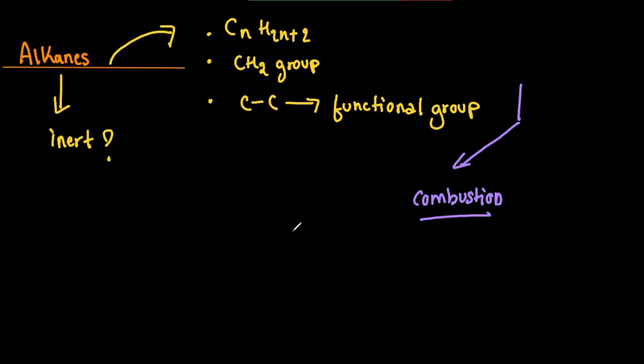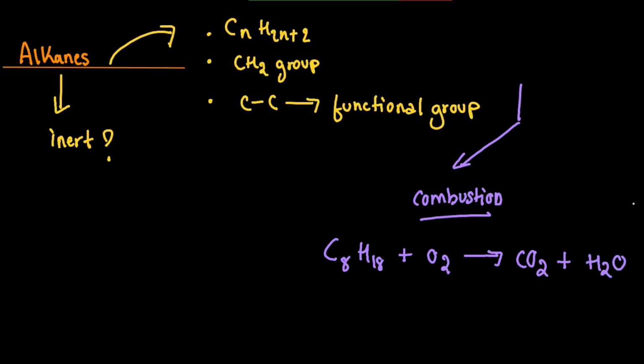For example, I'll use an alkane in this case: octane, C8H18, plus O2. If it reacts in an abundant supply of oxygen, it's going to give you carbon dioxide gas and water.